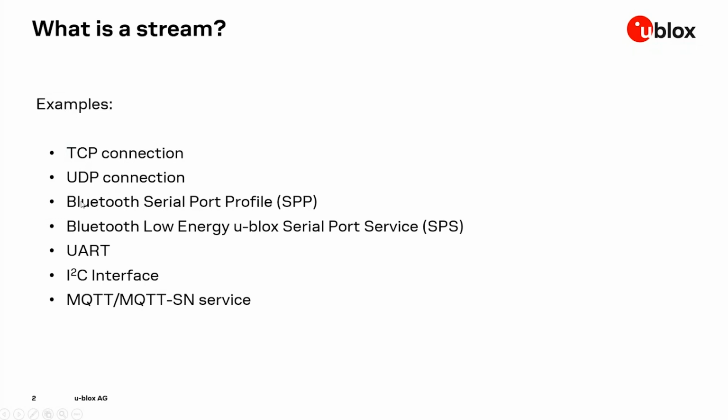For modules that have Bluetooth Classic, we can have the Bluetooth serial port profile. And for Bluetooth Low Energy, we can have the u-blox serial port service, which we will see later. We can also have UART, I2C, which we will also use, and MQTT service.